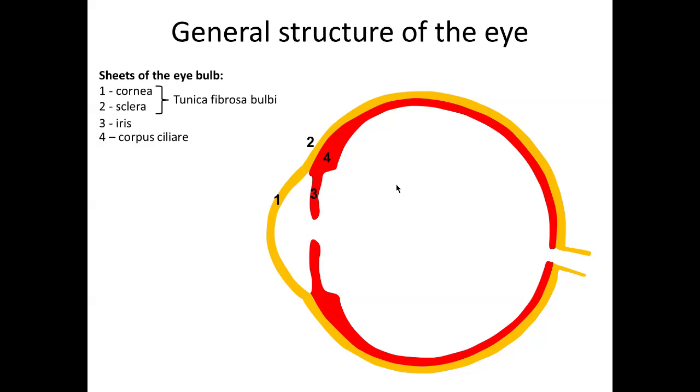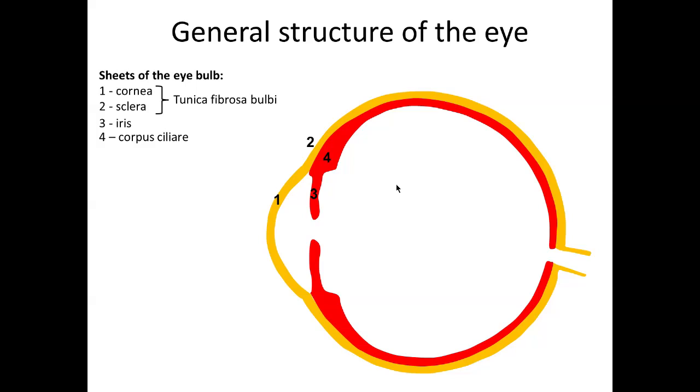Cilia in Latin means lashes. So it is necessary to say that this term, corpus ciliare, has nothing in common with the lashes on the eyelids.